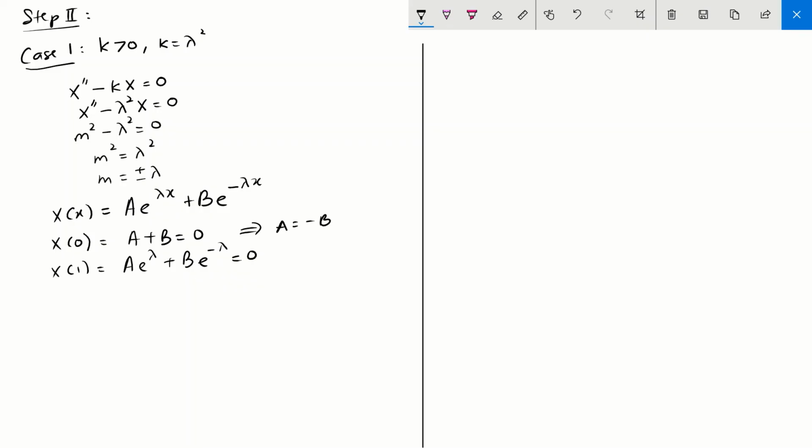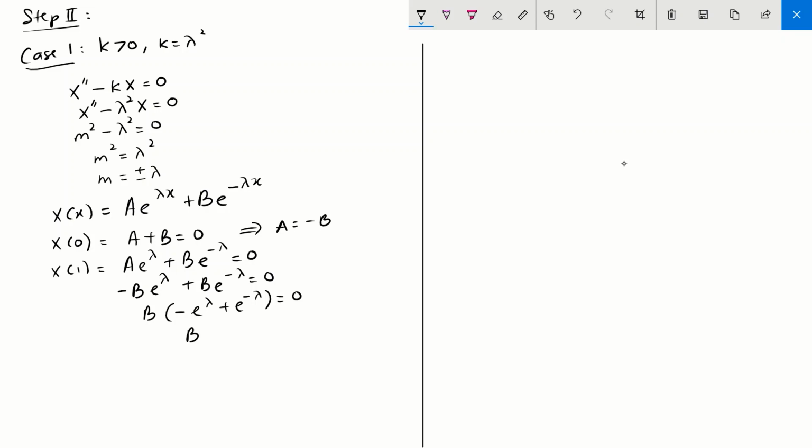Then we put this into the second equation, and we get negative b e^lambda plus b e^(minus lambda) equals 0. We factorize b, and get b times (negative e^lambda plus e^(minus lambda)) equals 0.